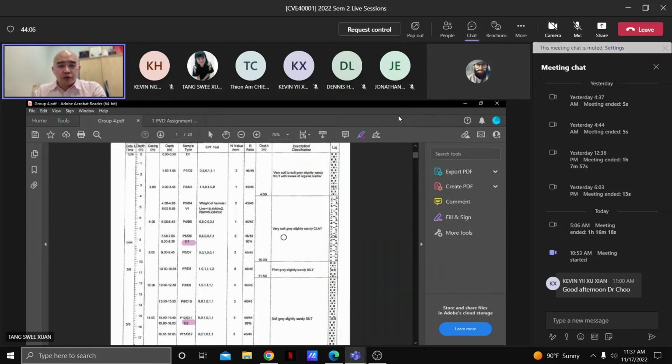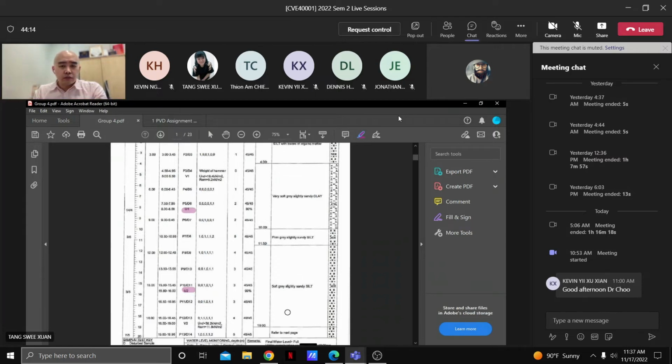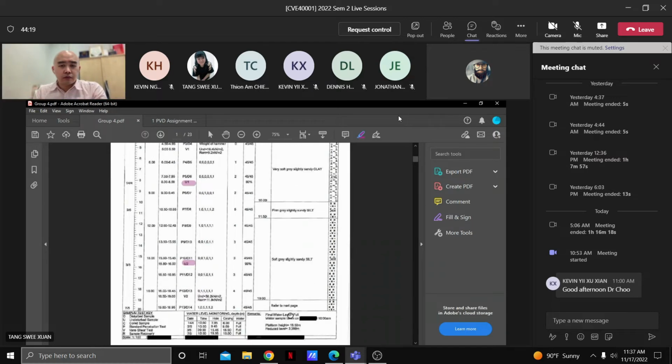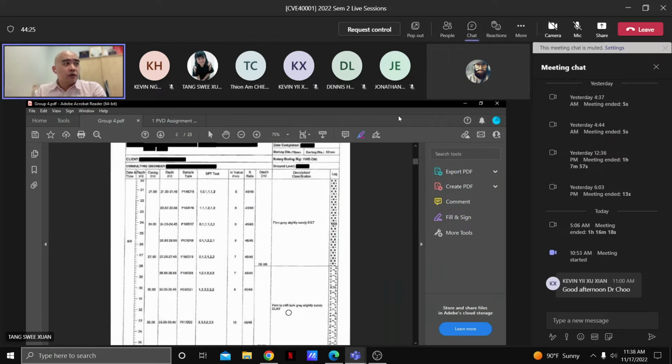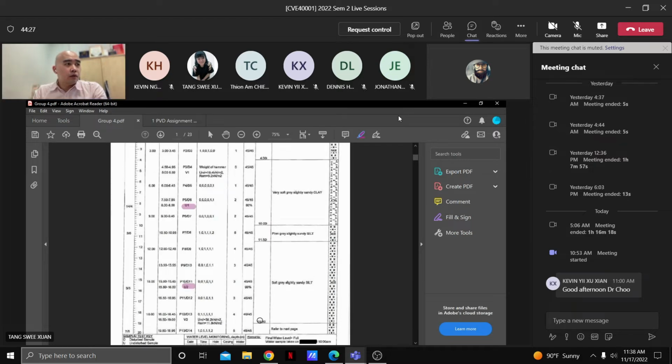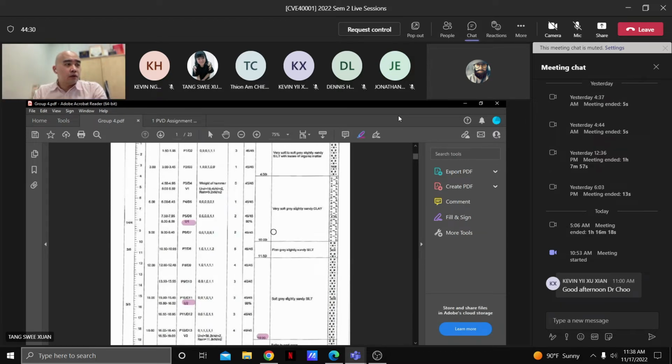Then you can use U2 to represent the soft silt from 11.5 meters down to, scroll down to the next page, yeah, down to 19 meters. So this is how you decide. You use U1 for the top layer and U2 for the bottom layer.